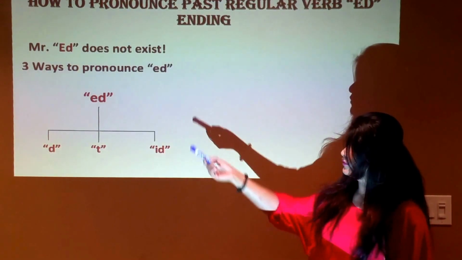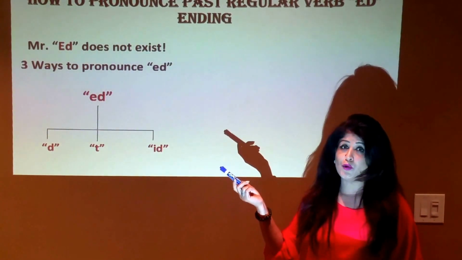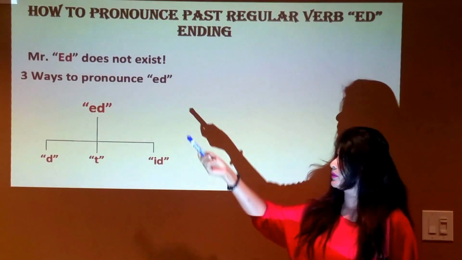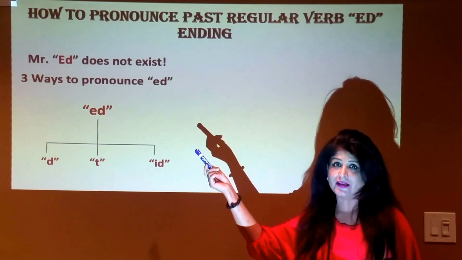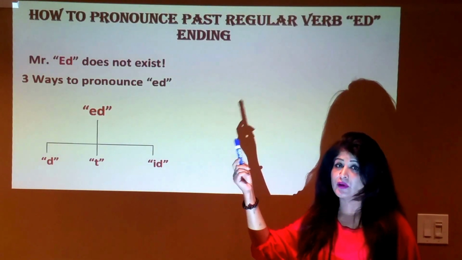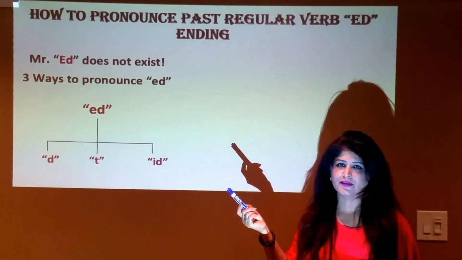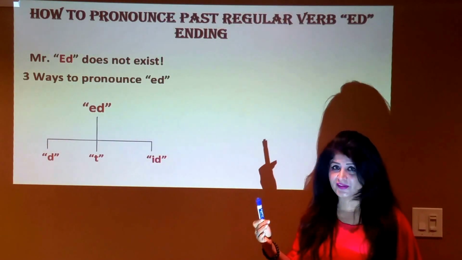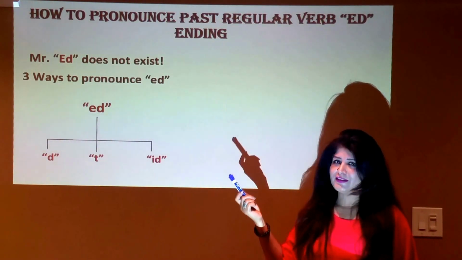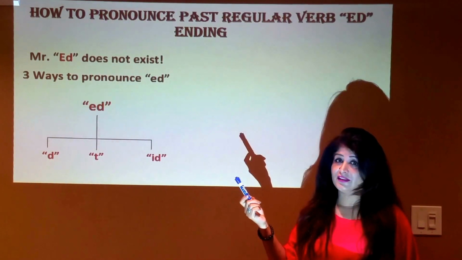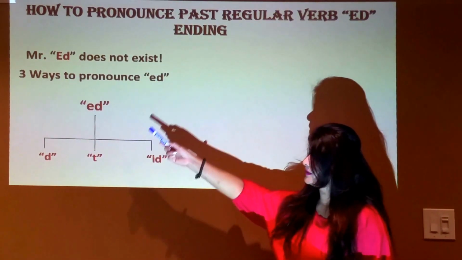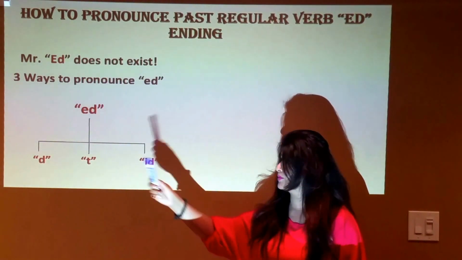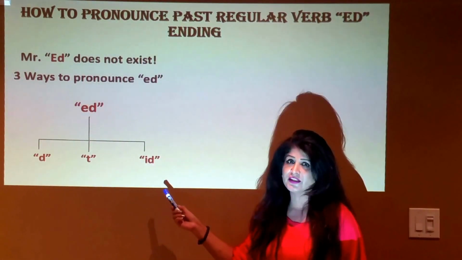So as you can see, if we go by spelling, the ed ending in regular verbs does not exist at all in terms of pronunciation. We can see it in writing but not in speaking. That ed is replaced by three different options: d, t and id.